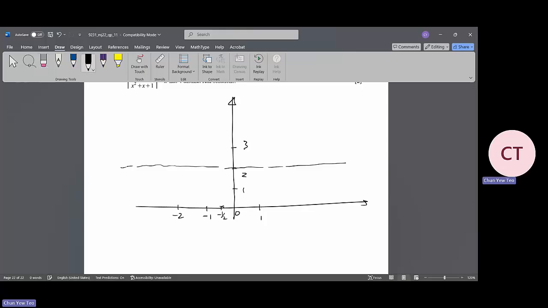So your graph will pass through here, and pass through here. So this will be the maximum, reflect, and okay, so your graph will be something like that.